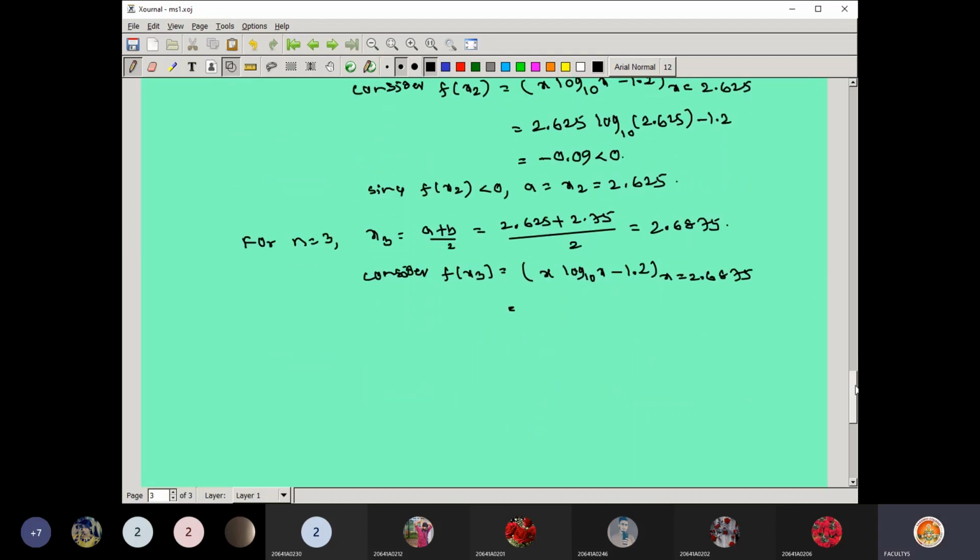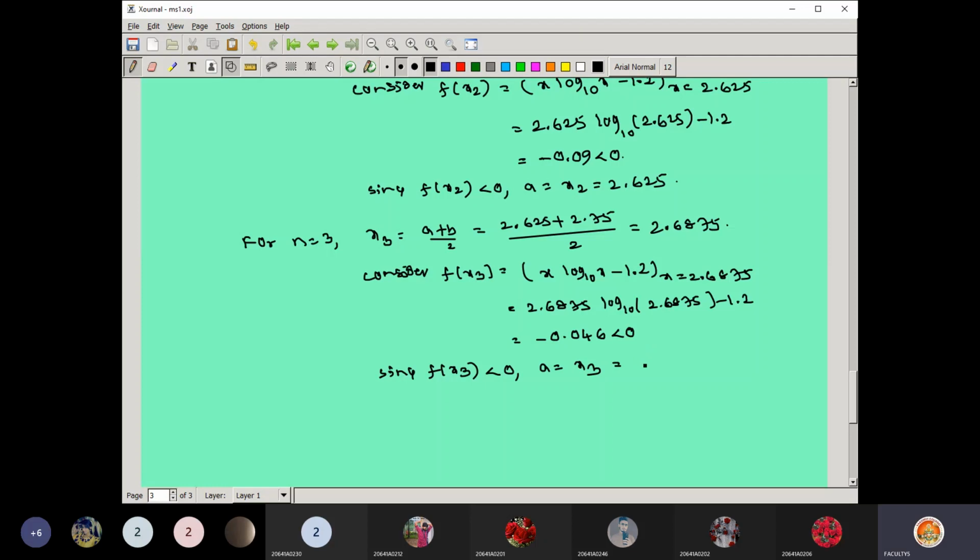Let's see what comes. 2.6875 into logarithm of 2.6875 minus 1.2. You are getting minus 0.046. So again it is less than 0. So state here: since f of x3 is less than 0, the a value is changing, a equal to x3.